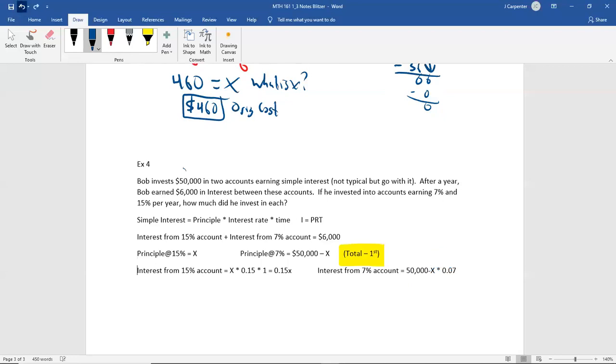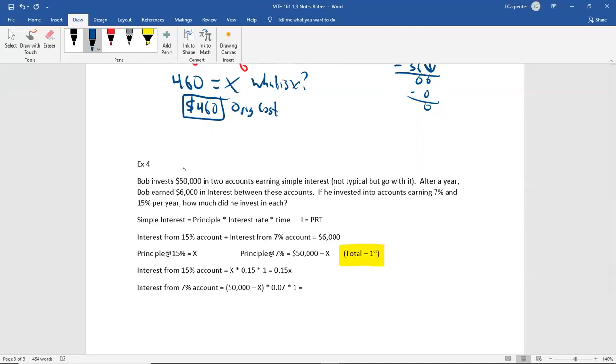So we need to introduce parentheses around the 50,000 minus X because of the multiple terms. There we go. So there's the principal in parentheses, the 7% is the 0.07, and then times the time, which is also 1.